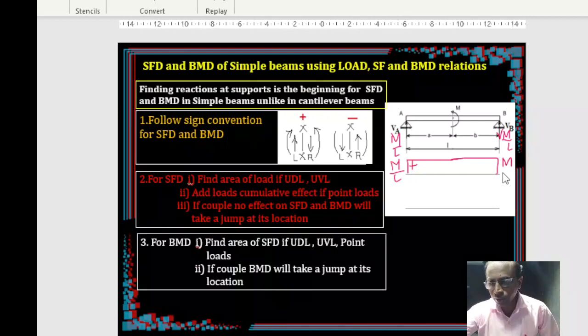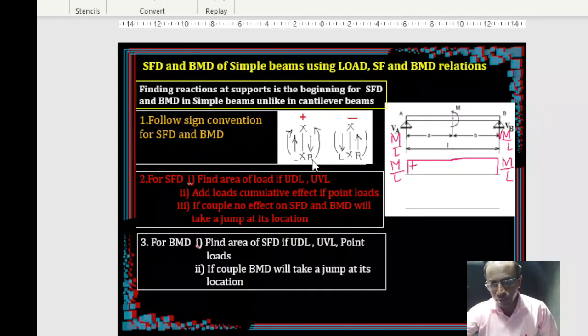You can always check it. When you are drawing from left to right, you always have an opportunity to check from right to left. For example, if we start the diagram from this side, then also it should be like this only. When you are on the right of the section, downward should be taken as positive. I told you already.